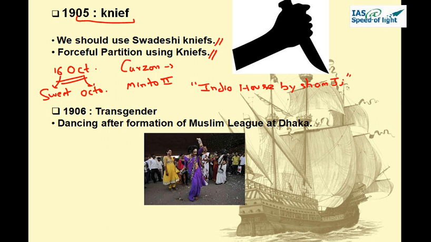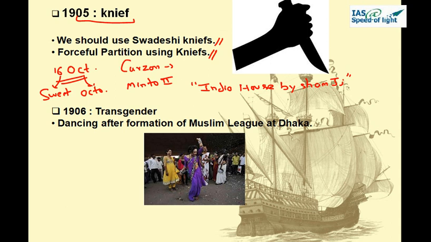Shyam is the name of Lord Krishna also. So you just see a picture where you have an idol of Lord Krishna with a knife in his hand. So Shyamji is Lord Shyam or Lord Krishna, and India House in London was set up by Shyamji to promote the work of Indian freedom.